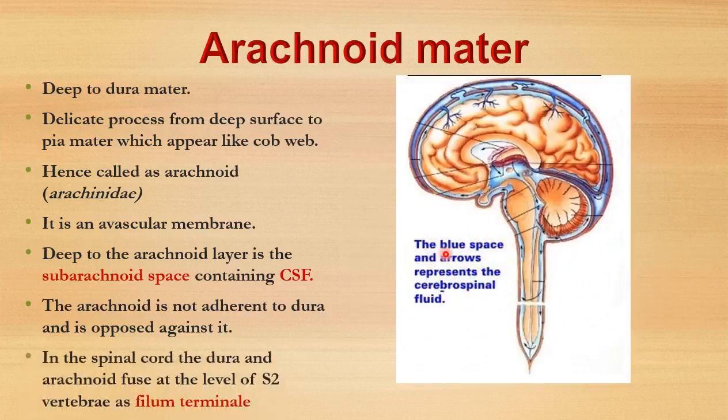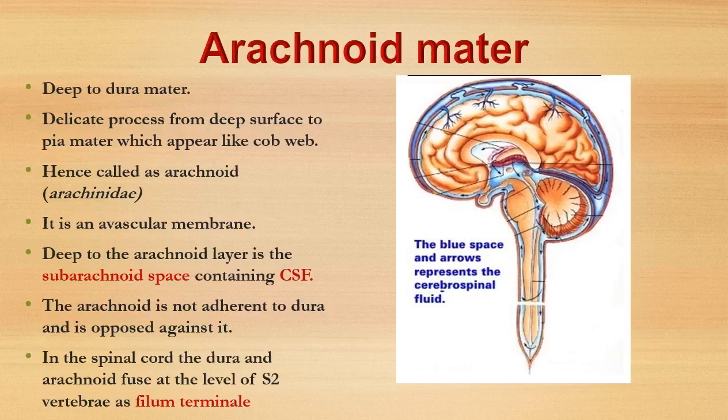In the spinal cord, the subarachnoid space is present deep to the arachnoid mater, and at the end, the arachnoid ends as the filum terminale. So there is a free flow of the CSF between the coverings and the lower end of the spinal cord, which we call the conus medullaris.